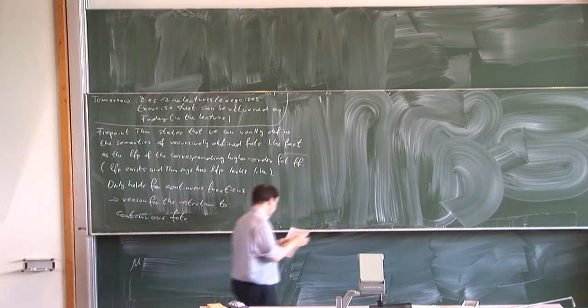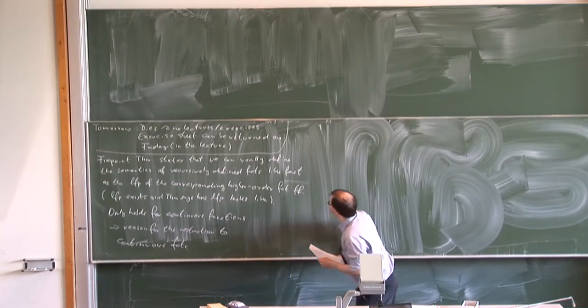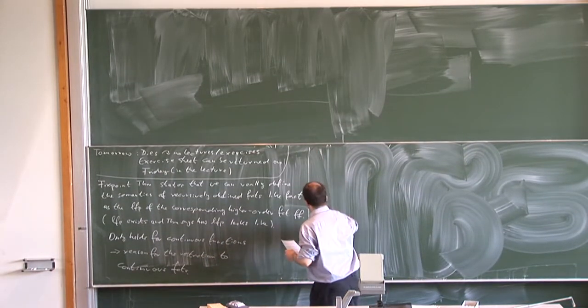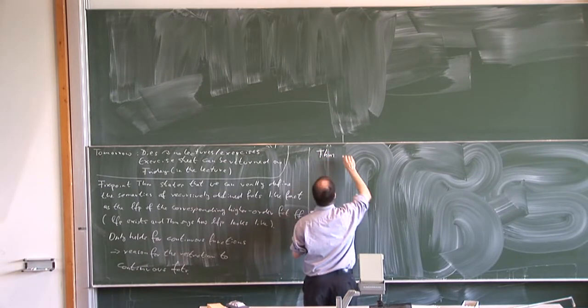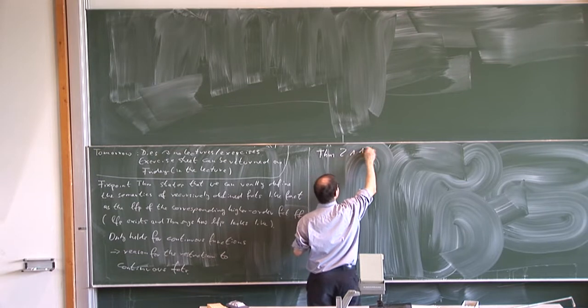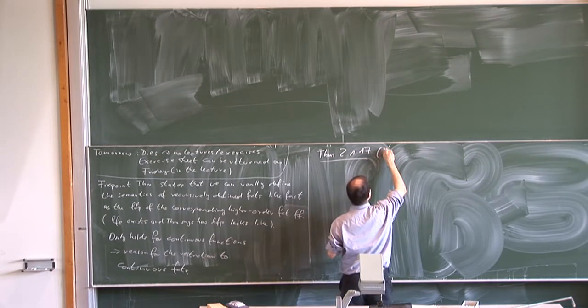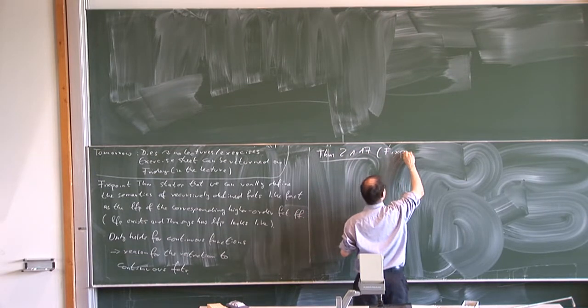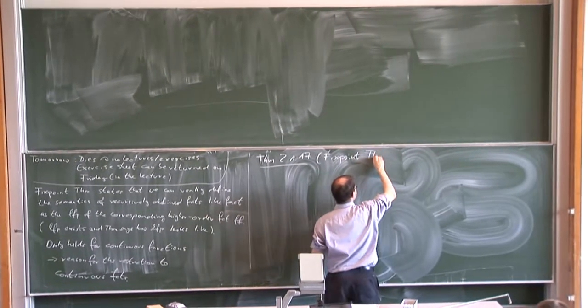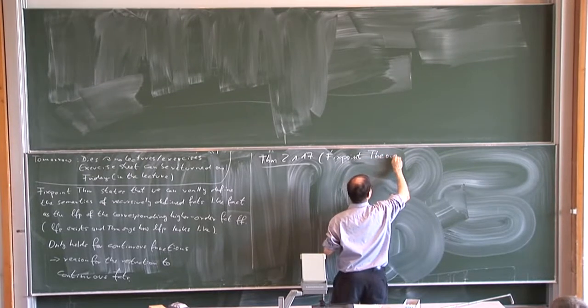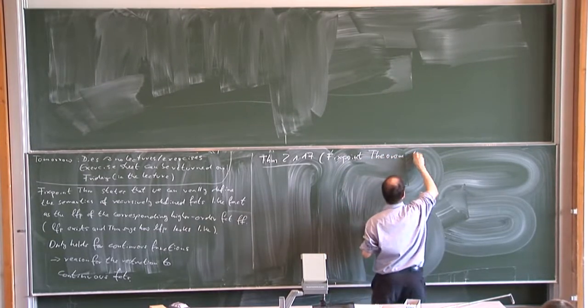Okay, so here is the theorem. This is one of the central theorems of the lecture. This is theorem 2117, the fixed point theorem. And this theorem ensures that we can really define the semantics in the way that we do it.